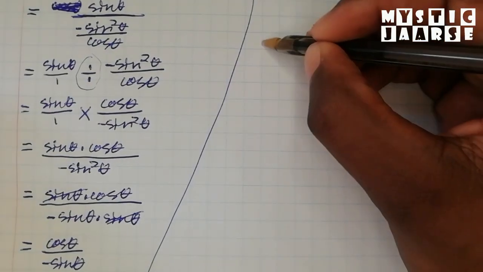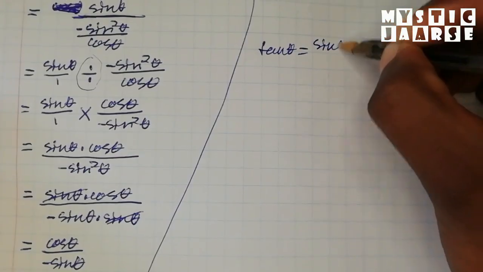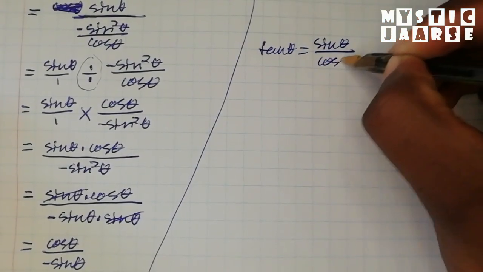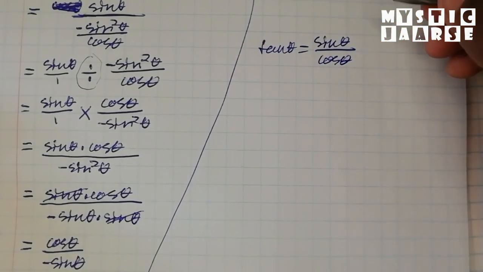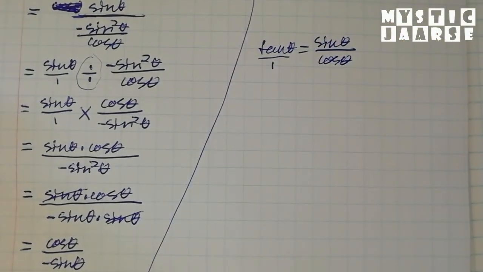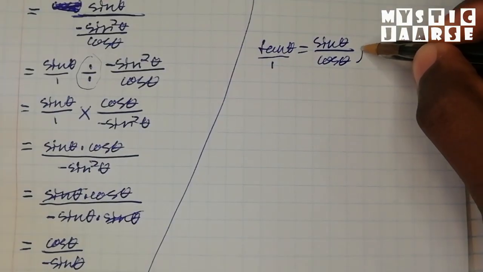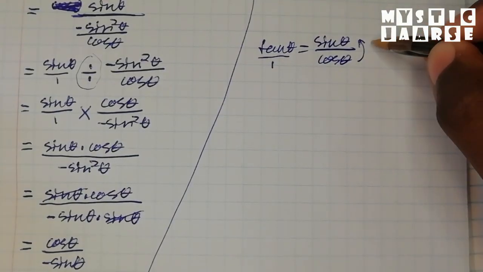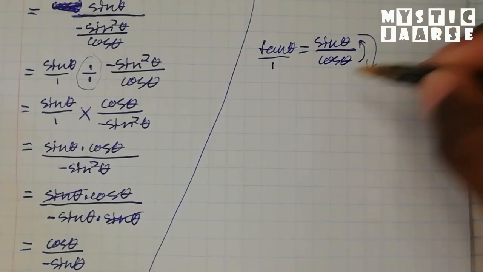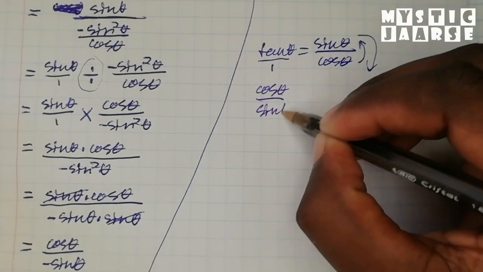So you know that tan theta is equal to sine theta divided by cos theta, right? And tan theta is actually divided by 1. What would happen if you make cos the numerator and make sine the denominator? You're going to have cos theta divided by sine theta, right?